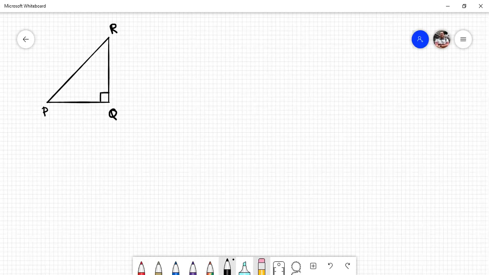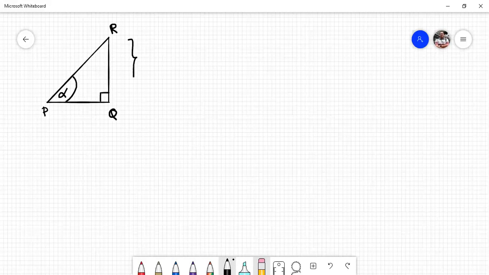Okay, and I have an angle which is angle QPR. So the angle is at P. Let's say this is angle alpha. Okay, now we know that QR is the opposite side of this angle.